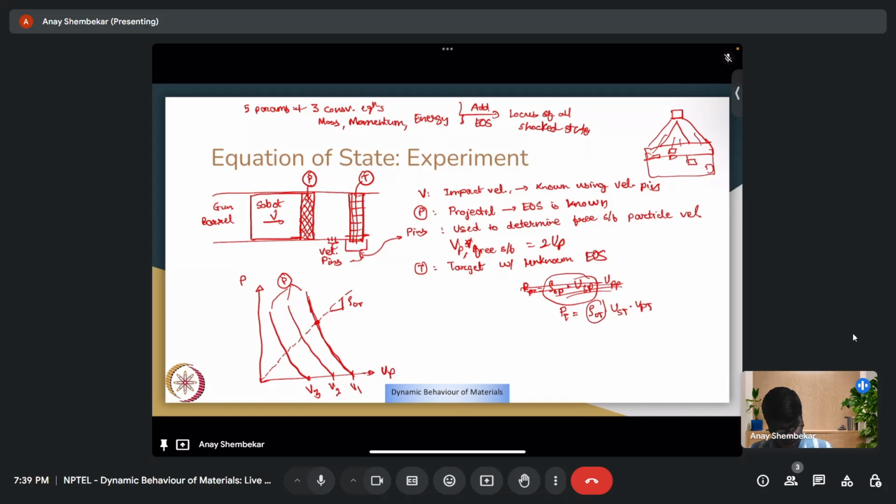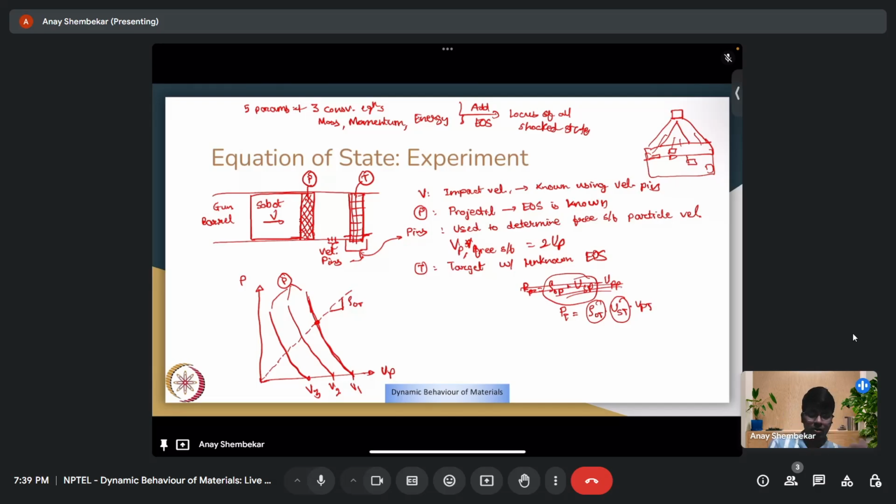We can also measure the shock wave velocity. We have pins at the beginning and end of the surface of the target. Using this, we can determine how much time the shock front takes to move from the left of the target to the right of the target. This is different from the actual particle velocity.